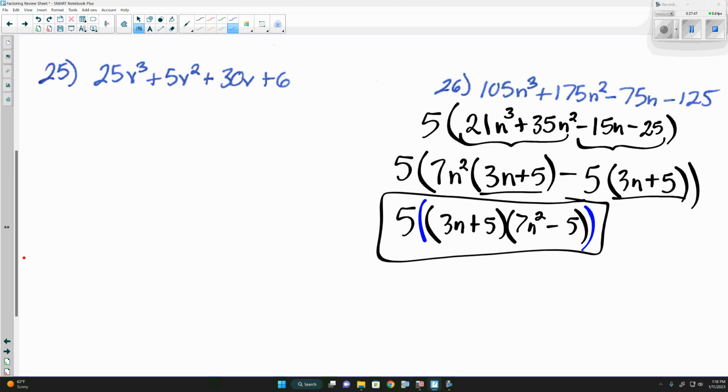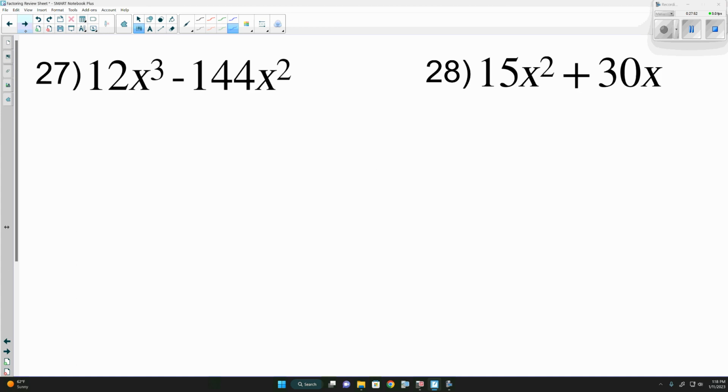We feel good with these here. Questions on 27 or 28? 27. So again, what do we look for first? Greatest common factor. So what goes into both of these here? 12x squared. And if we factor 12x squared out of 12x cubed, we're left with x minus.